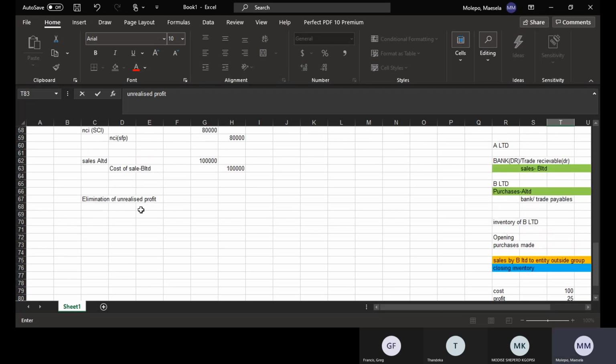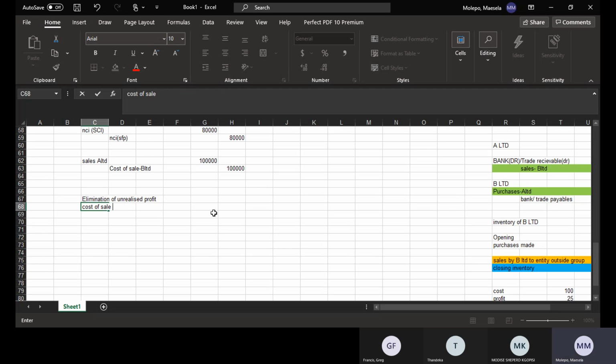On our journals, we're going to do the cost of sale, because it represents the cost of inventory we purchased from A Limited. So it's the cost of sale on our debit side. Where did we purchase our inventory? From A Limited.